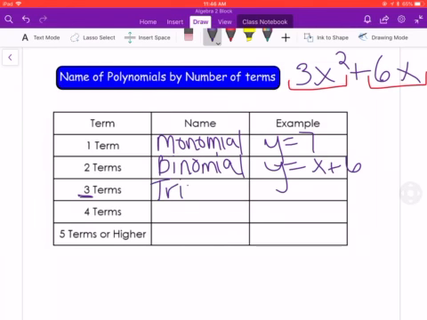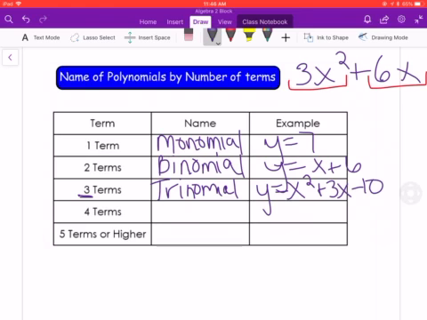Tri means 3. We factored a lot of these quadratic trinomials that looked like this: x squared plus 3x minus 10. So x squared, 3x, and negative 10 are all 3 separate terms. So it's a trinomial. It'd be a quadratic trinomial because it's a degree of 2.